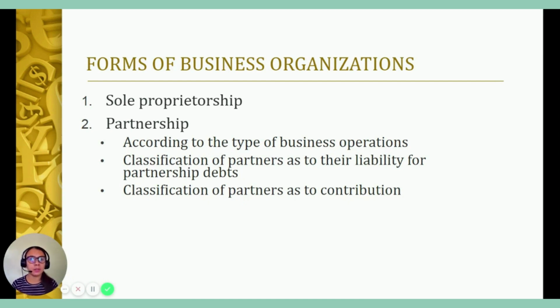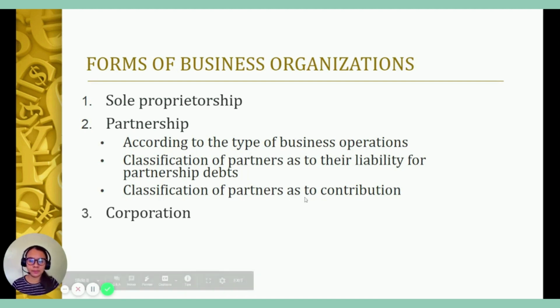An industrial partner is the one who invests his work, labor, or industry to the partnership. And finally, a capitalist industrial partner is the one who contributes both money or property and also his work or industry to the partnership.